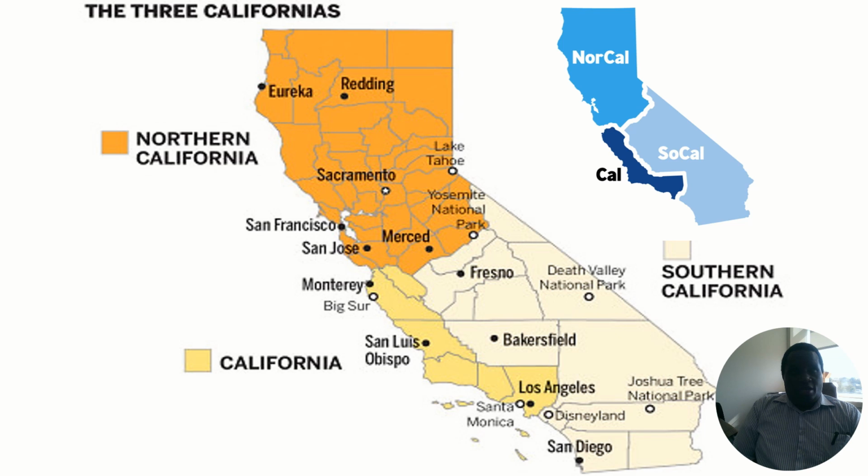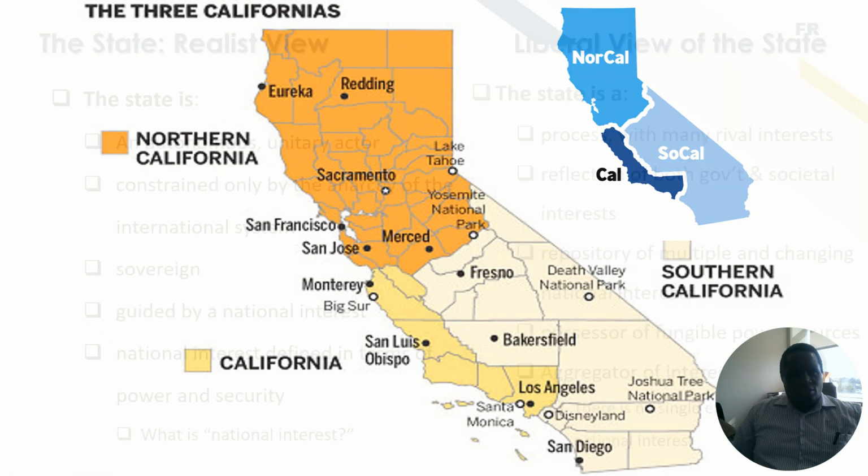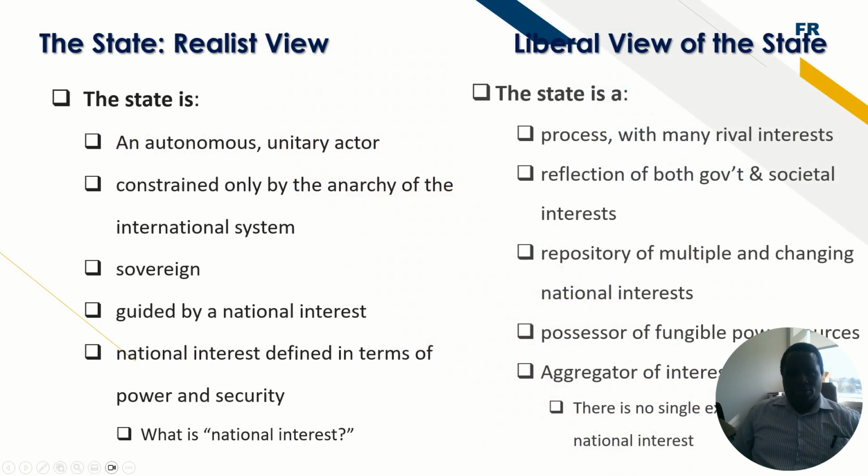So California would probably split into Northern California, Central California, and Southern California, based on these perceived differences. But we now come to the question of, from a theoretical perspective, what are the differences in how the different people see the state.